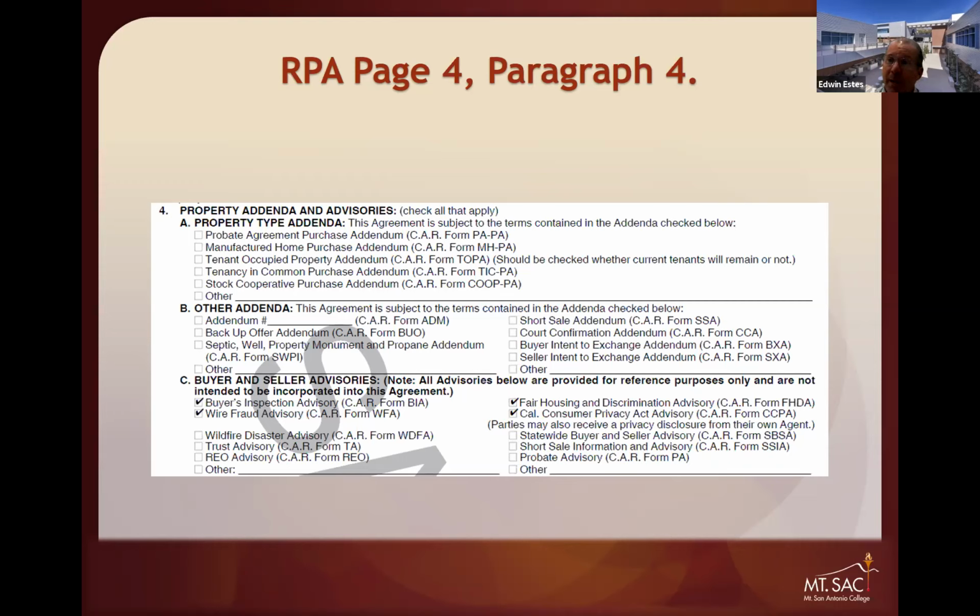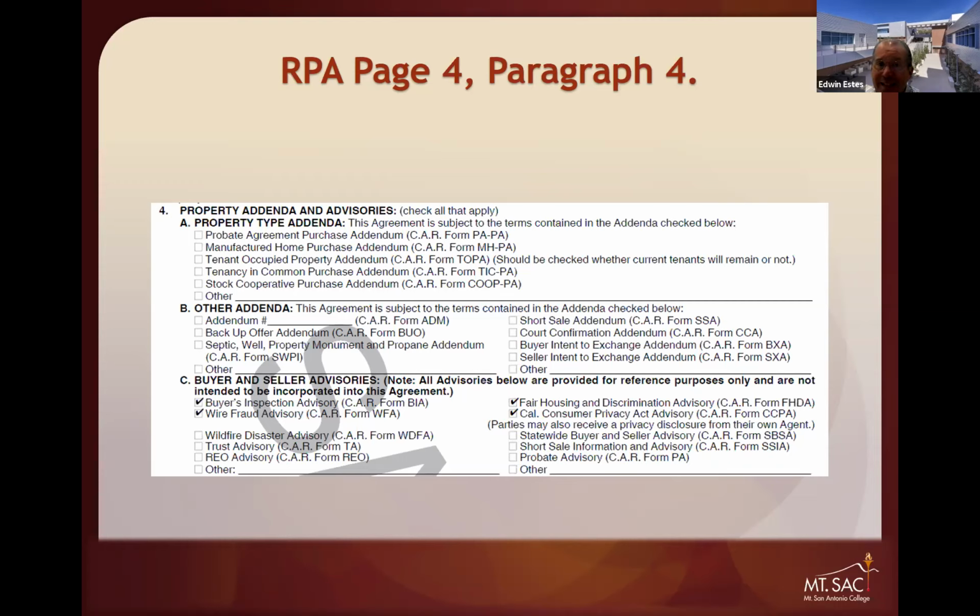Likewise, if you're buying into a stock cooperative, again, stock cooperative is not a subdivision. There is one deed on the whole property, but the property is owned by a corporation, and you're buying a share of stock that allows you to occupy one of the apartments or units in that complex. See, it's not like a condo or a planned development where you're getting a deed.